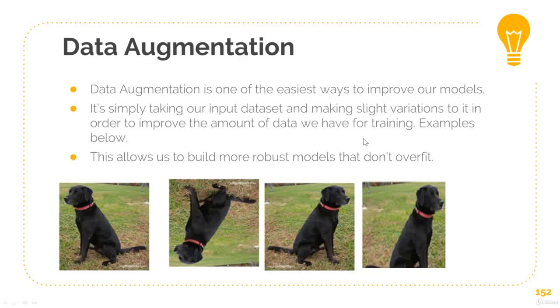What we do is we take our input data set, we have one picture of a dog, but how about we just make some manipulations to this image? We can rotate it completely. We can, I think this one is just mirrored back here, and this one is actually zoomed in a bit as well. So that is a way we can actually expand our data set.